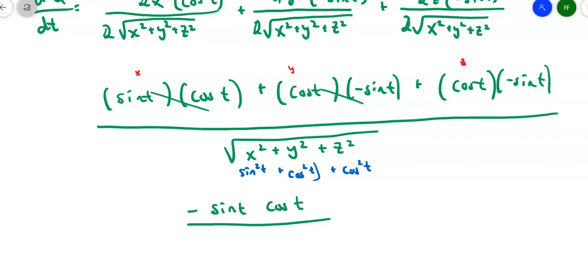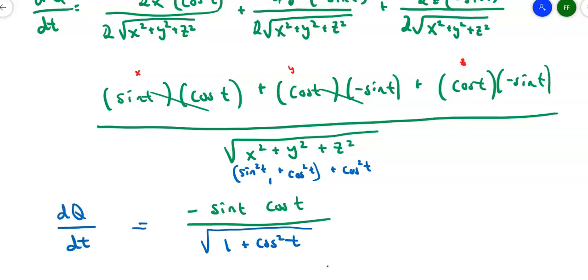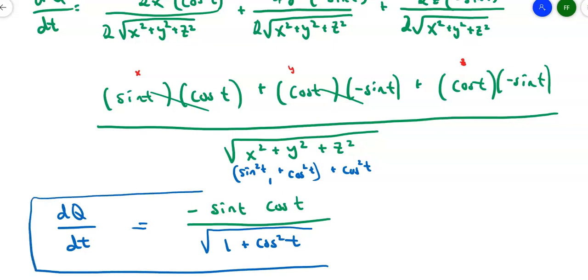These first two terms give me a 1. Sine squared plus cosine squared is 1. So under the radical, I just get 1 plus cosine squared of t. And that is the derivative of function q with respect to t by using the chain rule with 3 variables.